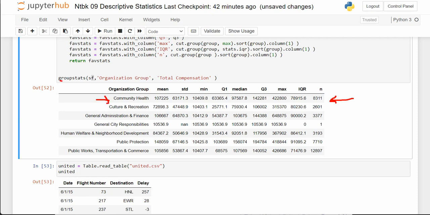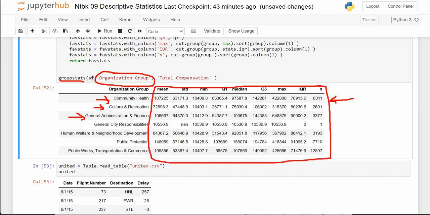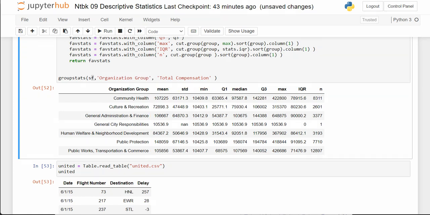Okay, but what group stats will do is it'll take a category variable like organization group and it'll get all of the descriptive statistics for every single one of the groups. And so I can see it all at once. Now, there are a bunch of numbers in this table, so sometimes group stats is really, really helpful. And sometimes there's so much data in the display from group stats that it's a little overwhelming.